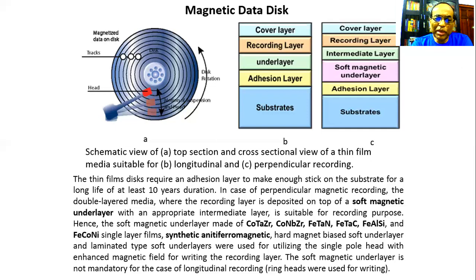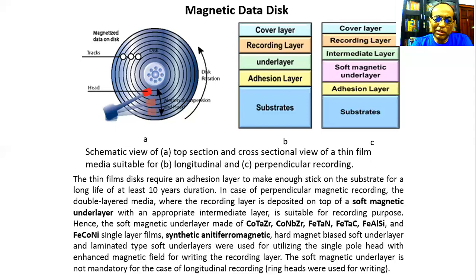Hence, the soft magnetic underlayer is made of cobalt, tantalum and zirconium, cobalt, niobium, zirconium, iron, tantalum nitride, iron, tantalum carbide, iron, aluminum, silicon, and iron, cobalt, nickel.